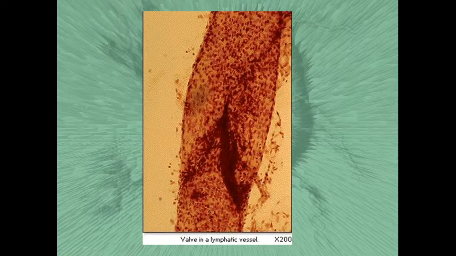The next layer is the tunica media, and this tunica media is absolutely different from the arteries and veins because it does not contain so many smooth muscular fibers. It contains just a few smooth muscular fibers in some places. That's why the wall of the lymphatic vessels is much thinner than in the blood vessels.